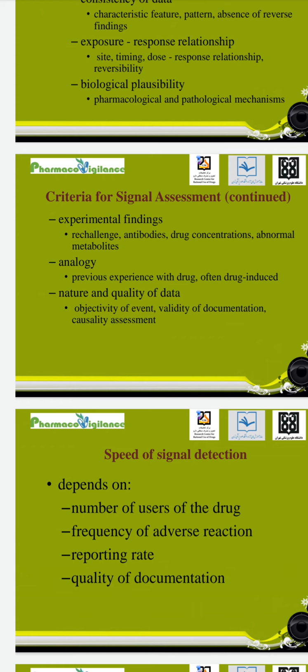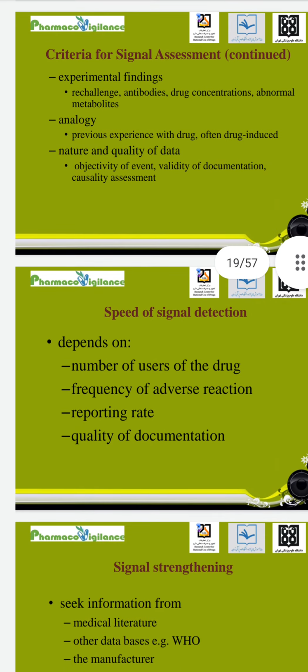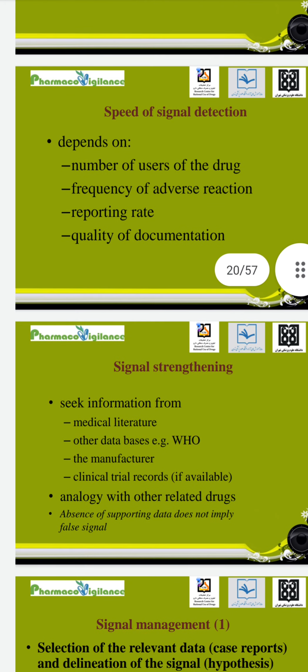The speed of signal detection. The speed of signal detection depends on the number of users of the drug. As the number of users of a drug increases, the speed of signal detection increases.